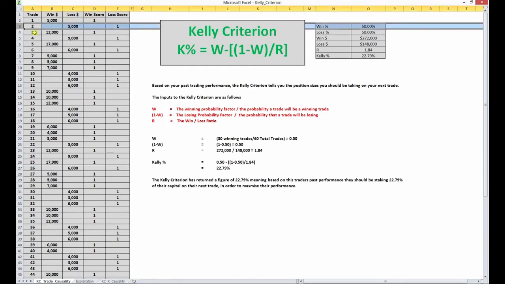On trade number 2, this trader made a loss of 5,000. So a 1 goes in the loss score. So far, the trader's made no money. And they've got a win ratio of 50% and a loss ratio of 50%. Yeah? You keep going all the way down.